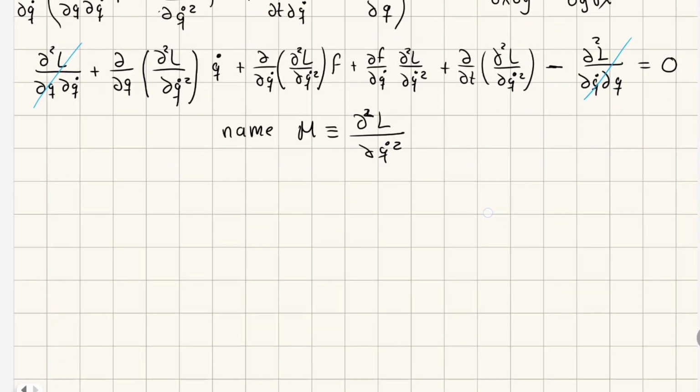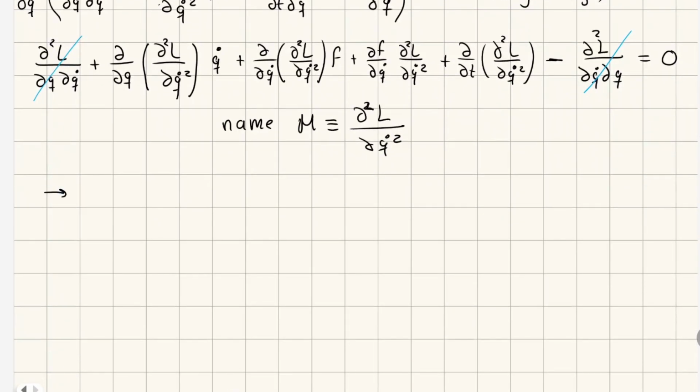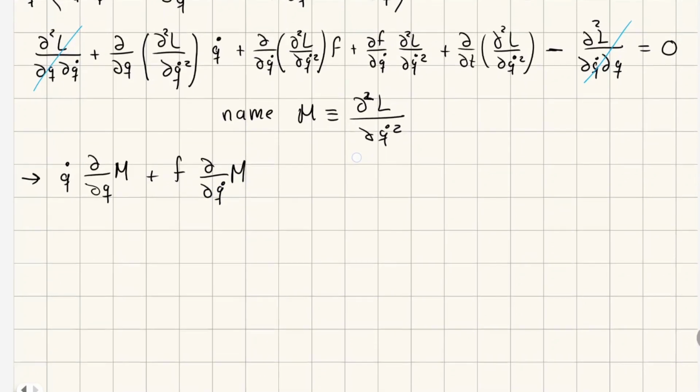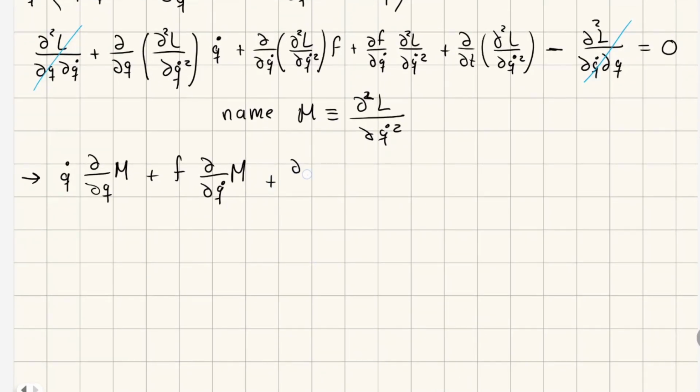If we do that, then we can establish a new differential equation that will be the partial with respect to q of m times q dot here plus f times the partial with respect to q dot of m, and then plus the partial of f with respect to q dot of m, and then plus the partial with respect to time of m equals to 0.